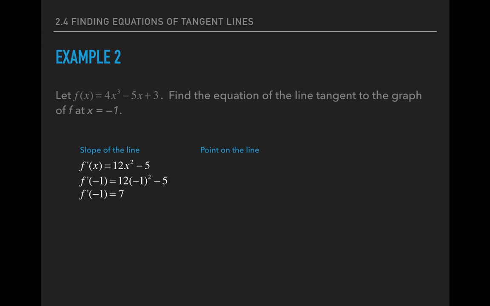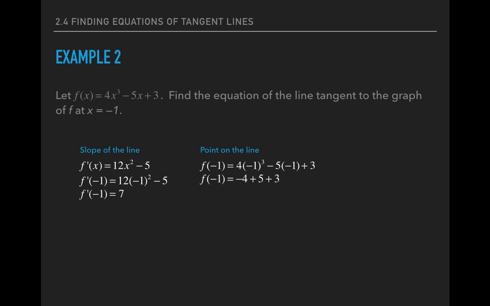Now that we have the slope, we need a point on this line to be able to give the linear equation tangent to our curve. All right, so we're concerned with our function at -1. So we're going to substitute -1 into our f equation to find the y value at that point.